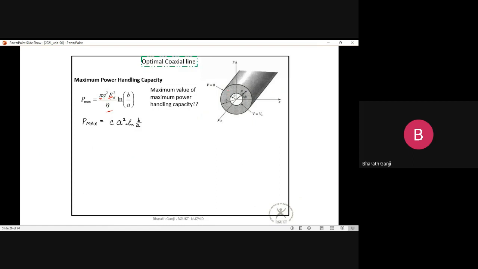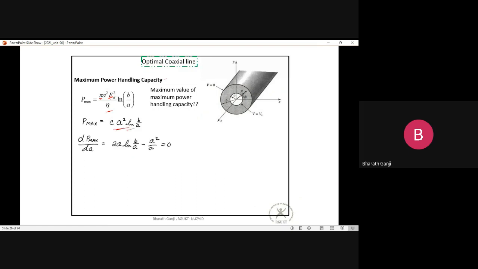this medium eta, this is a waveguide, means we are deriving it for a case where it is filled with air. Take an air filled coaxial line, with some constant for example. You can see the maximum power is proportional to c times a square ln of b by a.